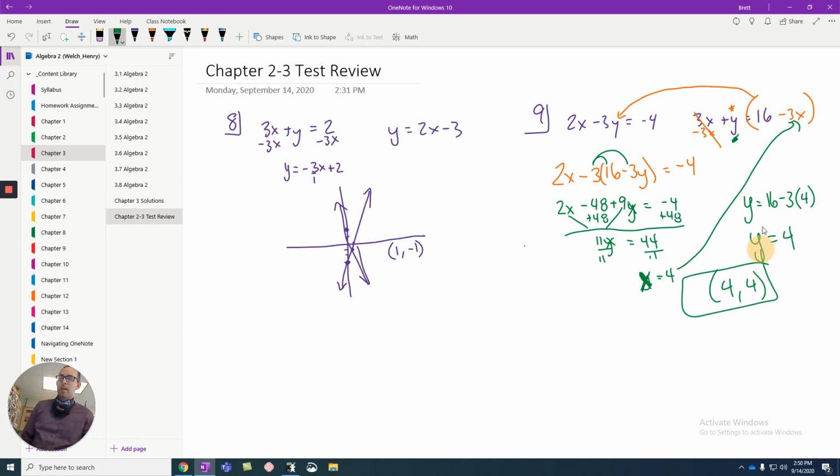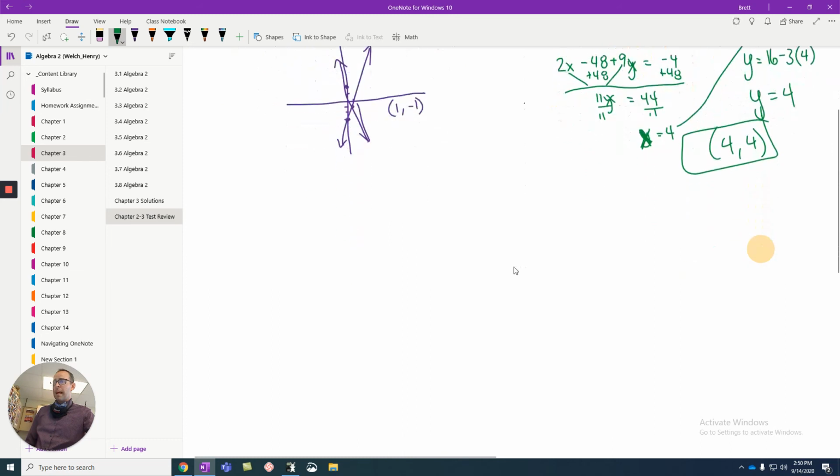All right. Number 10. Last regular problem before we hit the bonus. We have 4x minus 3y equals 10, and 8x minus 6y equals 20. In this problem, we want to pick one of the two variables to eliminate.